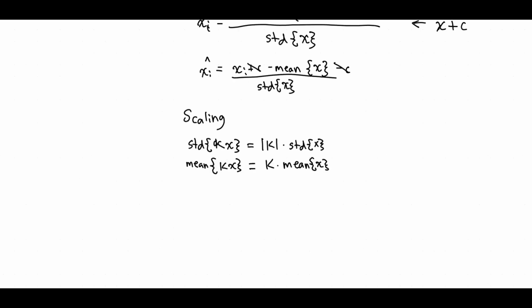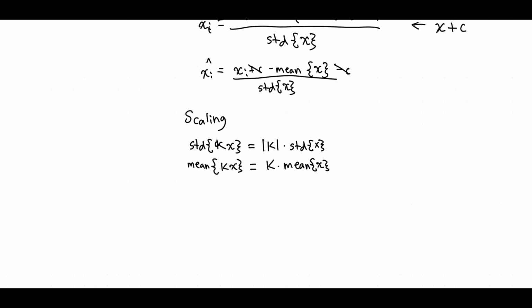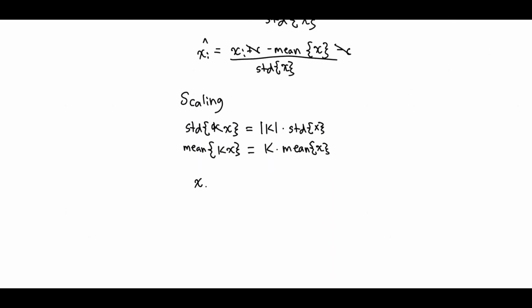So let's also take a look at our standardization process, and let's see how this changes now. So we have our new x sub i hat, and this is going to be equal to all of our x sub i's, but our x sub i is scaled by a factor of k, so we'll include that there, and then minus the mean of kx, but that's going to be equal to just k times the mean of x, and then all of that over the standard deviation of kx.